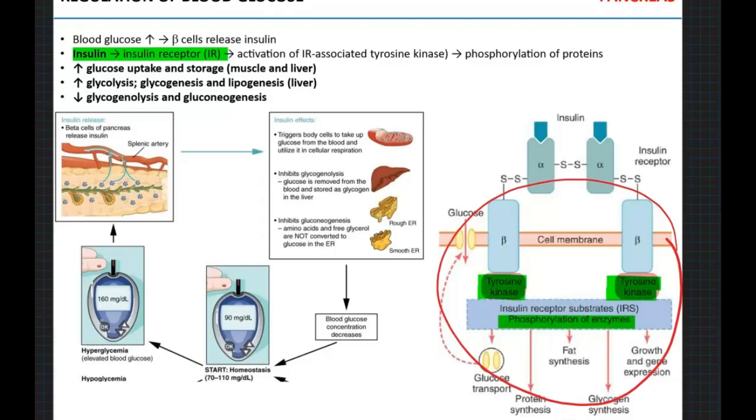Now, the simple removal of glucose from the blood is just absurd. Think about you going grocery shopping. What you're effectively doing is removing food from a grocery store, right?